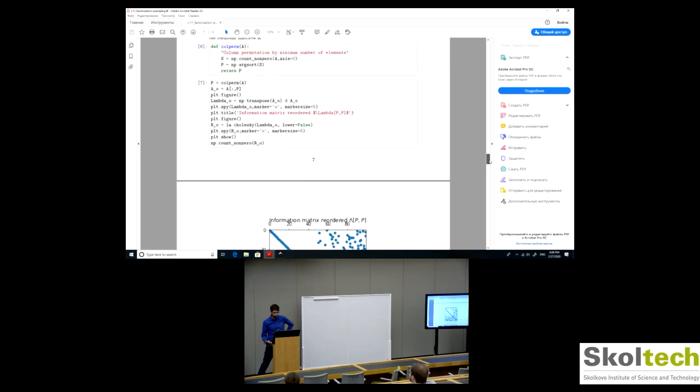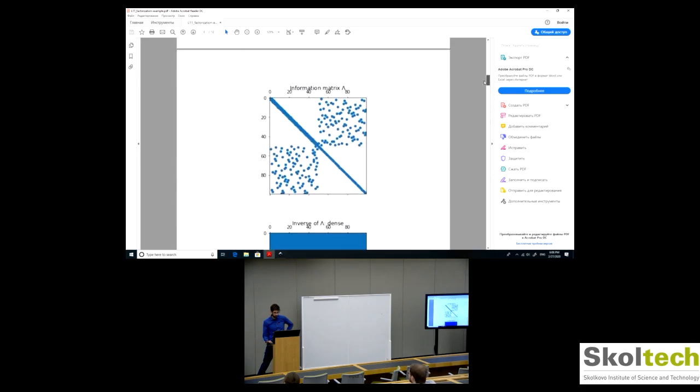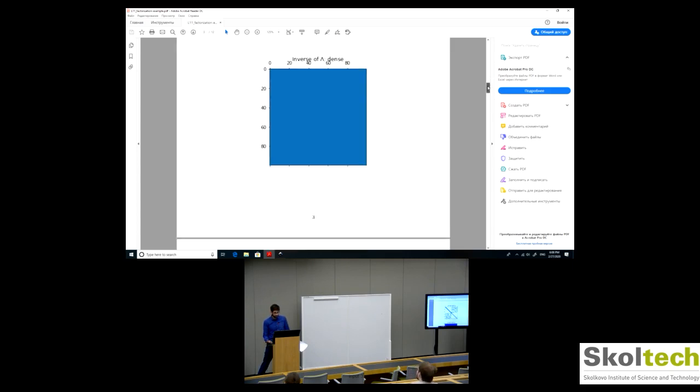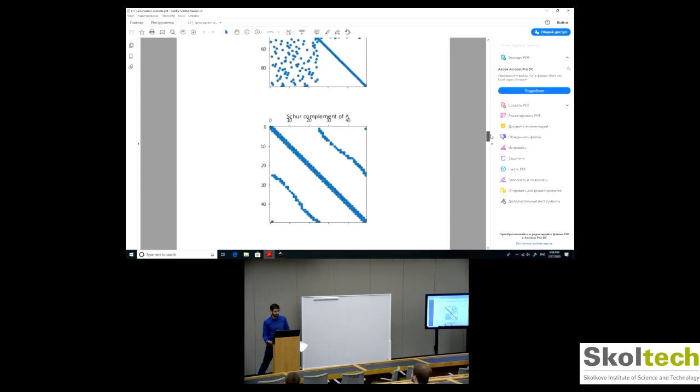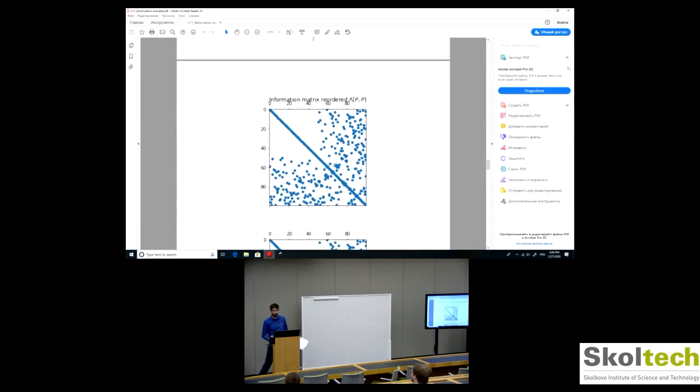Let me put it before. So what I'm doing here is Cholesky. If you permute it, here on the top left what I have is fewer connections, and here I have more. So if you permute this, you have exactly the same information matrix, simply reordering things. I've done this. You can check the code if you want, but it's the same one.